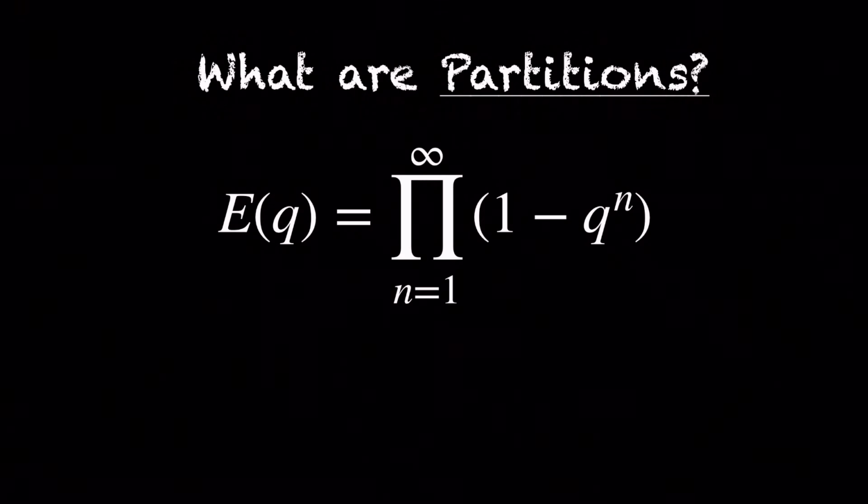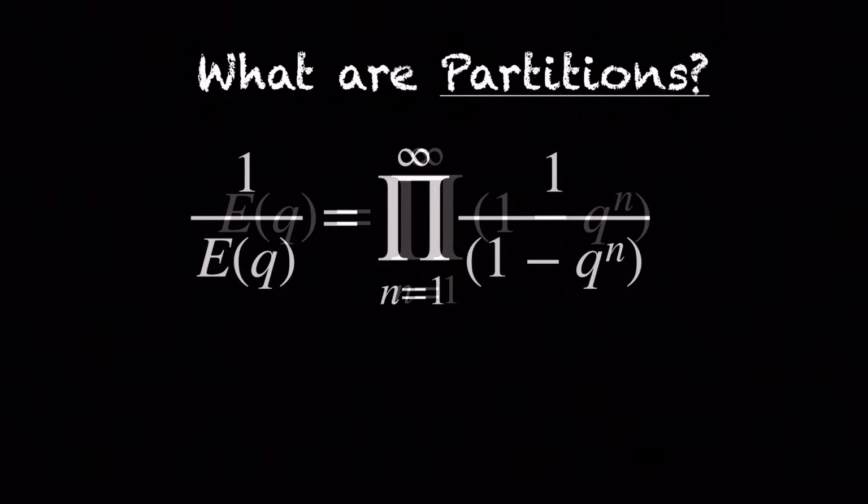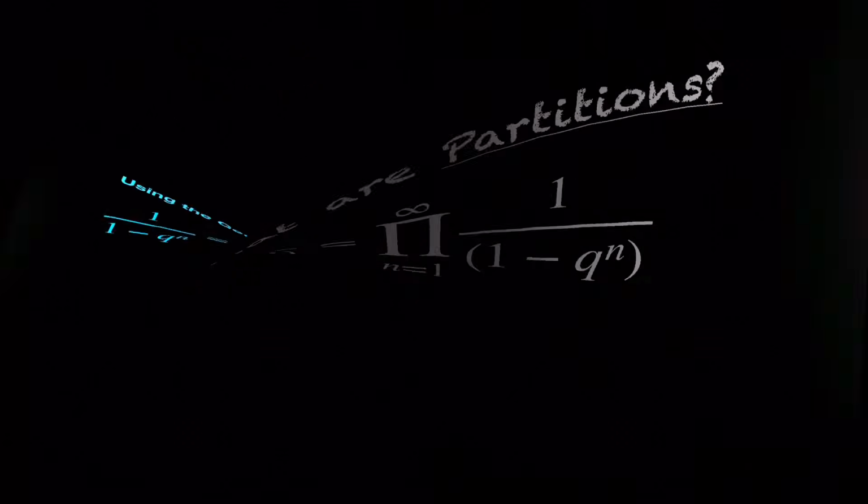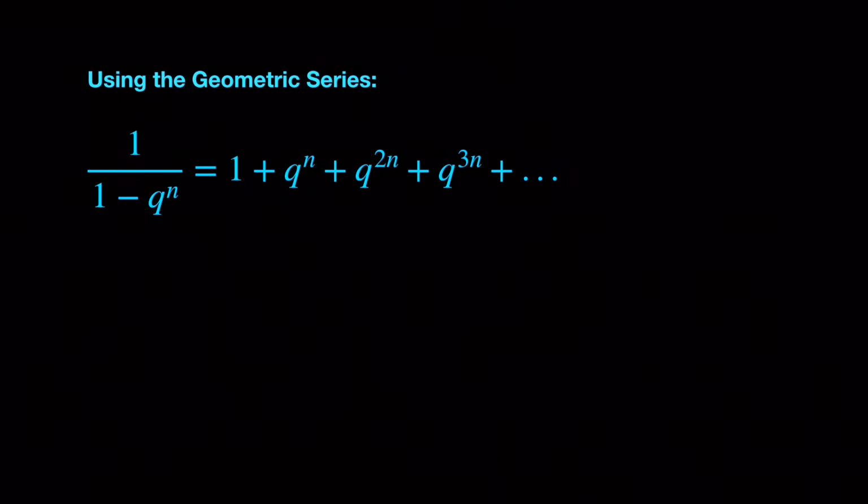So why such an interest in functions like these? Well, to answer that, we have to answer what are partitions. And that takes us back to the Euler product formula. Euler also investigated its reciprocal. And as always, he expanded it into a series, with a little help from the geometric series given here.